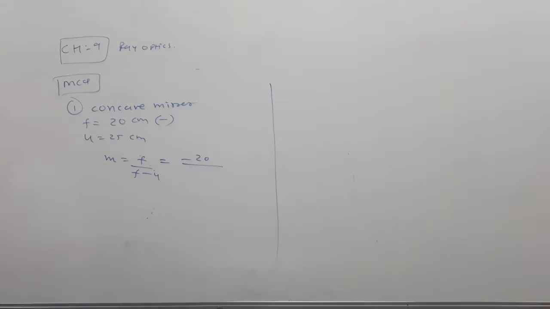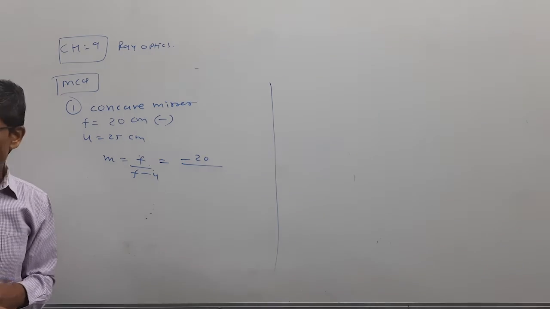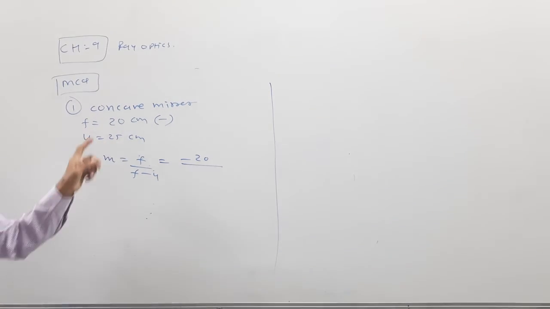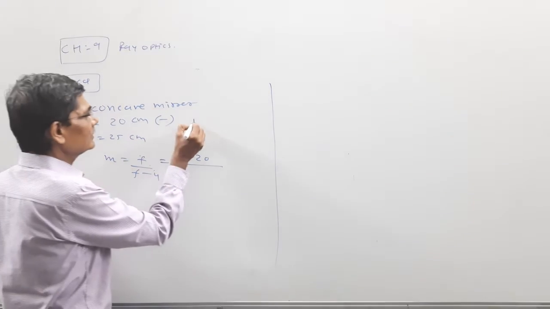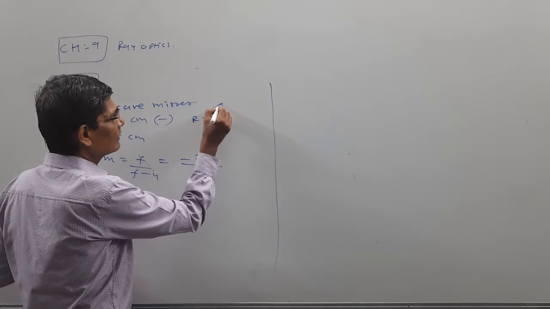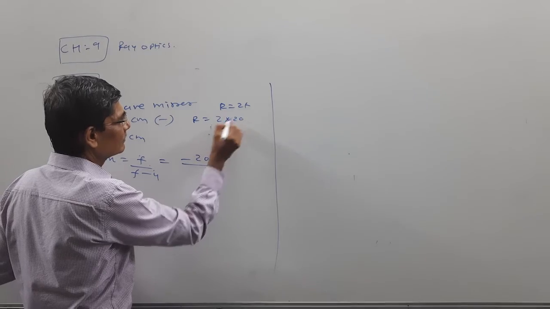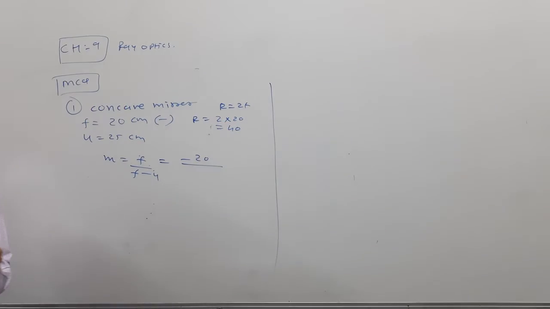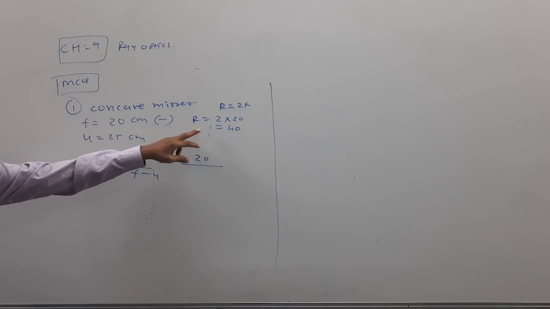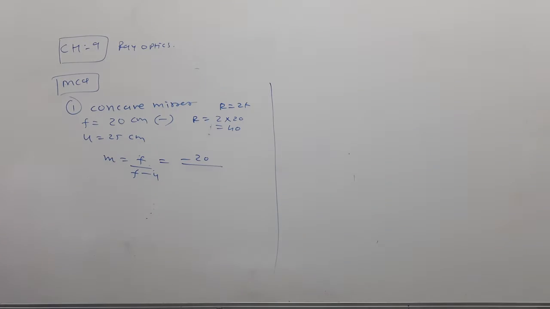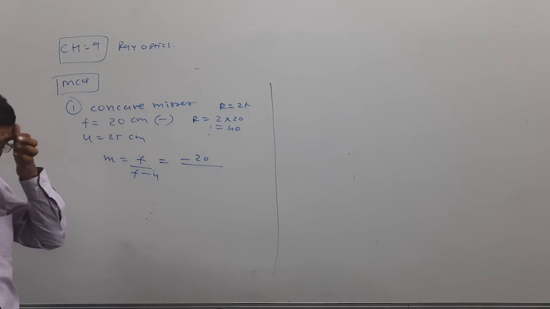What we can imagine is, see what will be r here? 40. Why? Because r will be 2f, that turns out to 2 into 20, that is 40. Now see, the object distance lies between f and c.